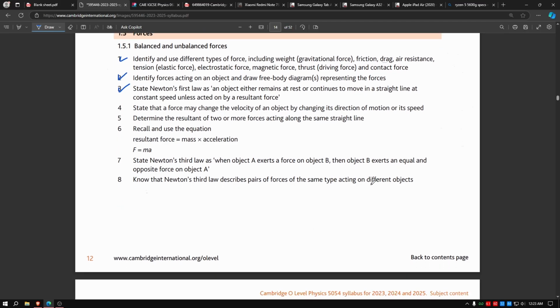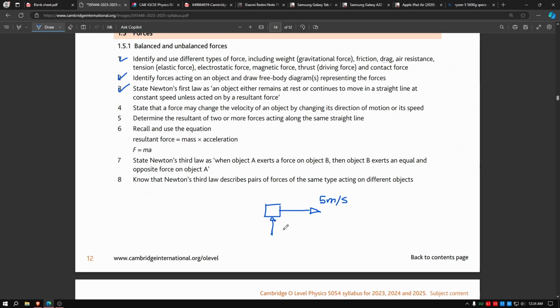So if a car or a box, let's just say box is easier, is traveling this way at, let's just assume, 5 m/s, and then a force is applied upwards to the box, right?